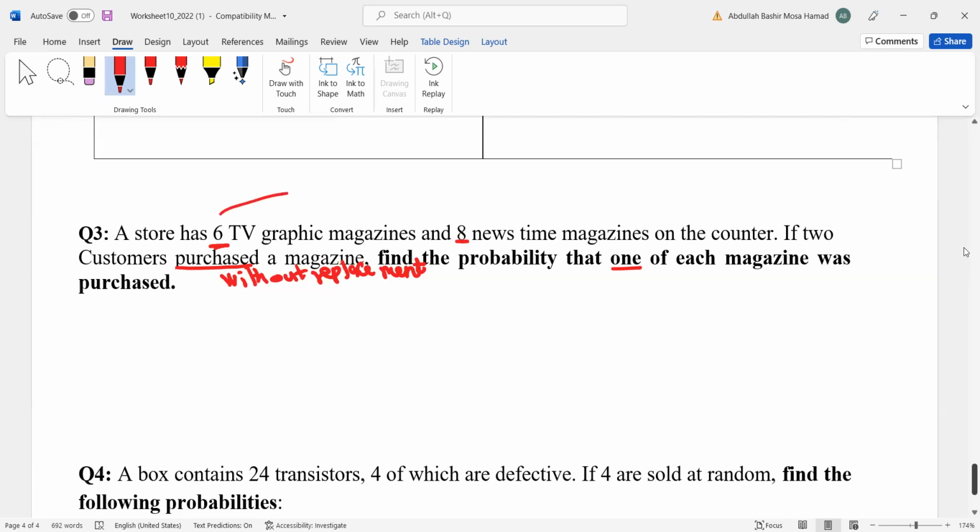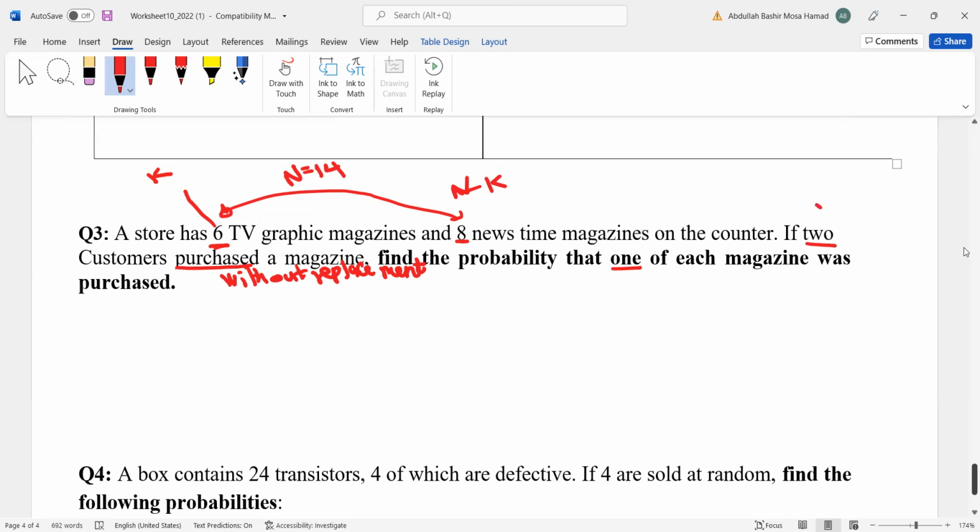Capital N means total number. Total number is 14. This is capital N, 14. This is K, which is 6, and this is N minus K. So we have K, we have capital N, we need to find small n.